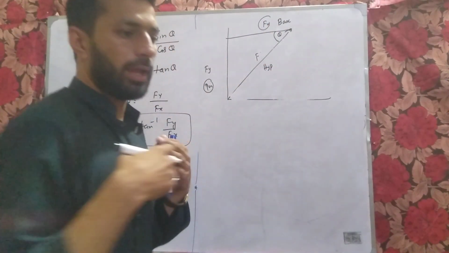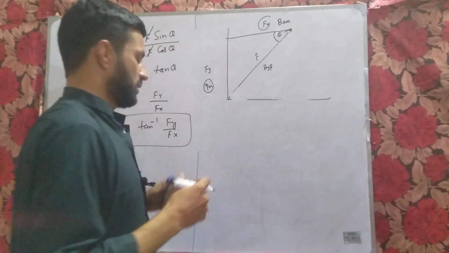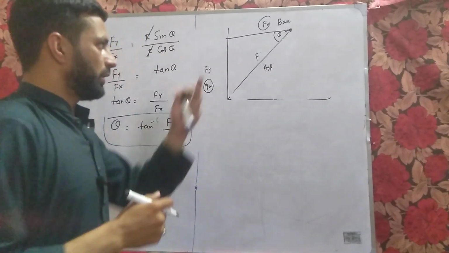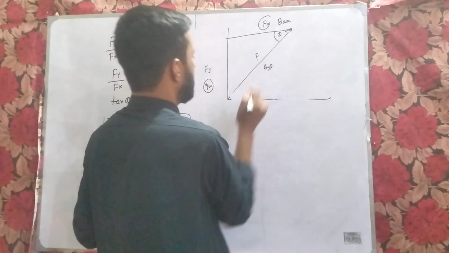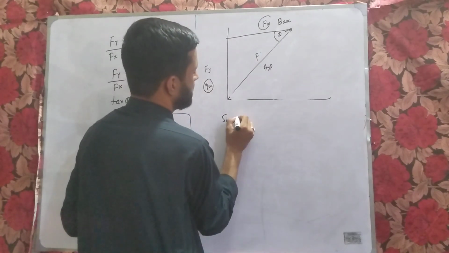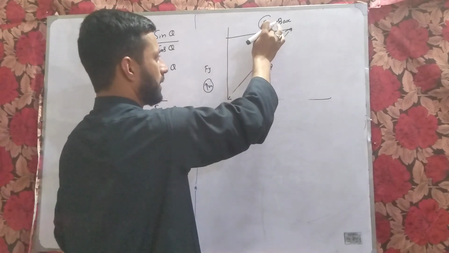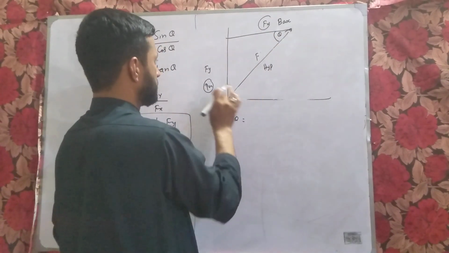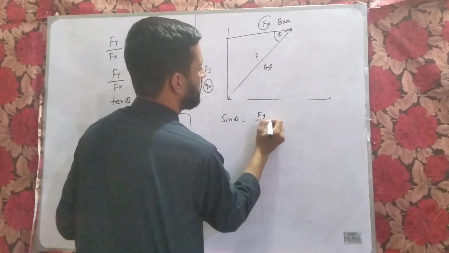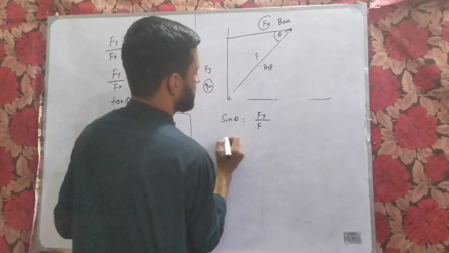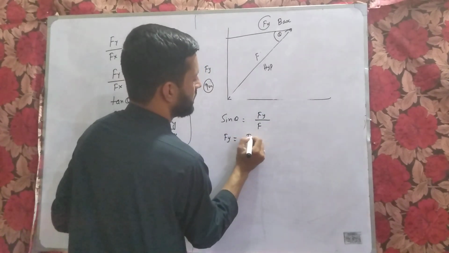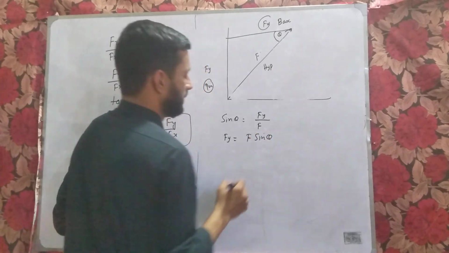Again you apply those ratios, and it would be derived. Sine theta is equal to perpendicular divided by hypotenuse. Here perpendicular is fy and hypotenuse is f, so fy is equal to f sine theta.